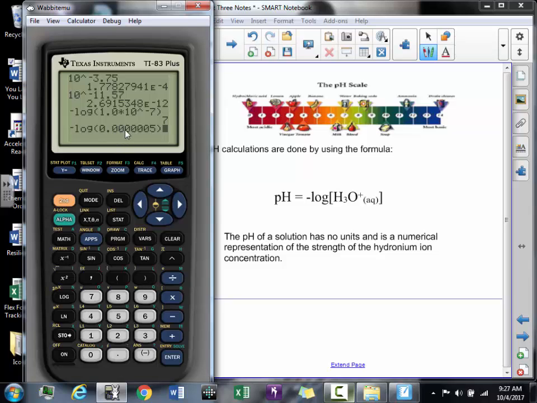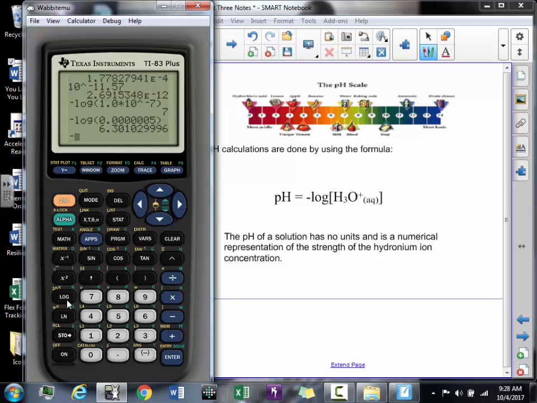I basically have 1, 2, 3, 4, 5, 6 zeros in front. If I were to then calculate the logarithm, it'll give me an answer of basically 6. And the reason why is a logarithm basically tells you the order of magnitude. The more zeros you have, the bigger the number. See how this one had 1, 2, 3, 4, 5, 6 zeros? That's why it's got a pH of 6.